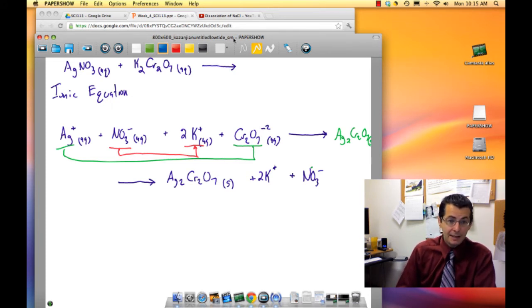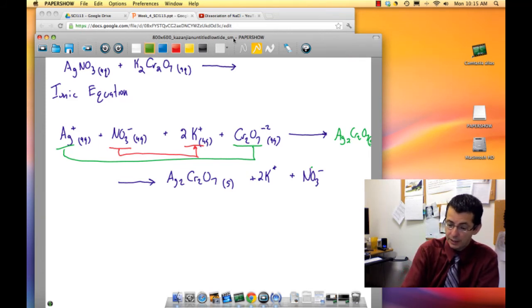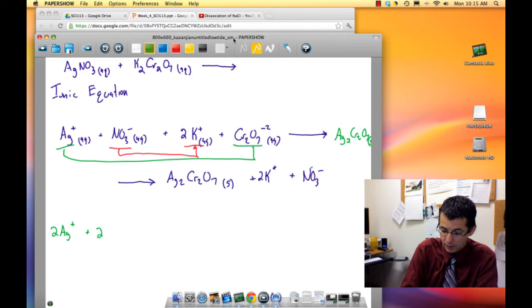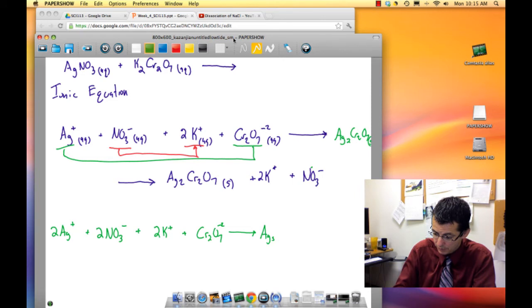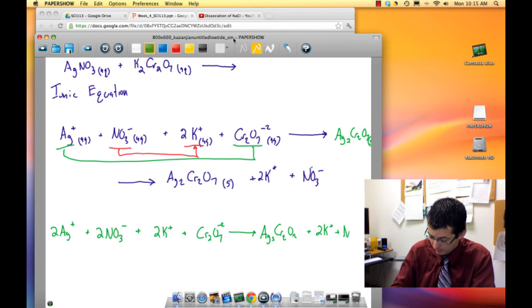Now, this is not yet balanced, and so we can go back and balance it, and we see that to create this, we would require 2 silver, and that would require 2 nitrates, plus 2 potassiums, plus Cr2O7 to generate Ag2Cr2O7, plus 2 potassiums, plus the 2 nitrates.